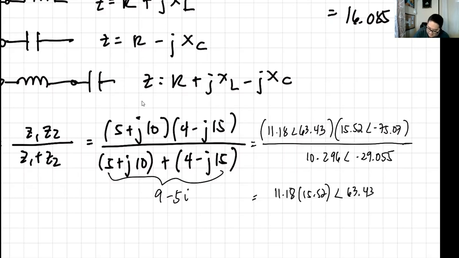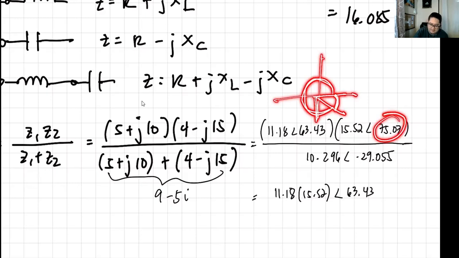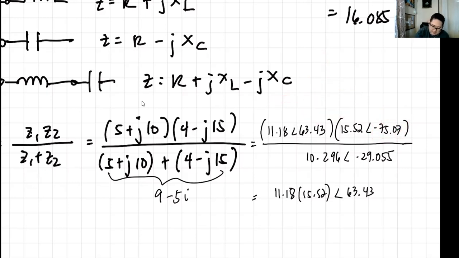And then, I think we should change this sa positive sense niya, no? Kasi siya ay nasa fourth quadrant. So, ito yung angle na yon. So, dapat 360 minus ito. So, 284.93.